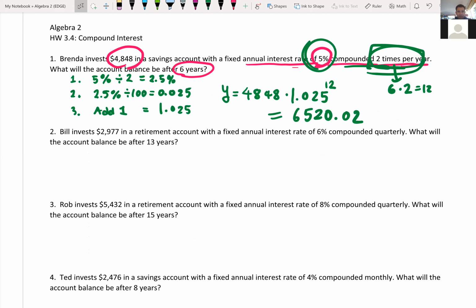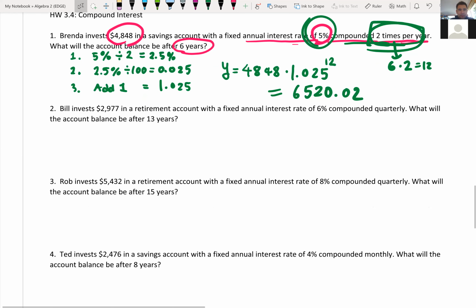Some of you can work on these problems comfortably on your own, so please move on. Okay, it's been about a minute. How are you guys doing on this?